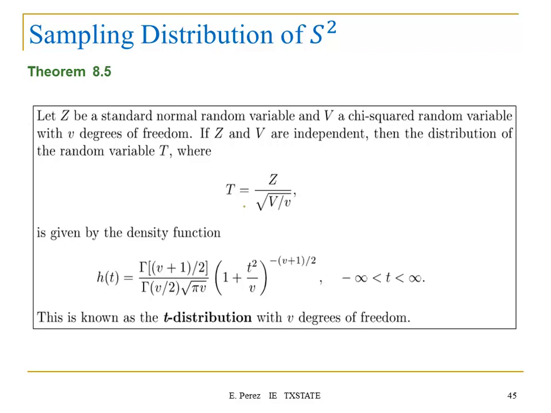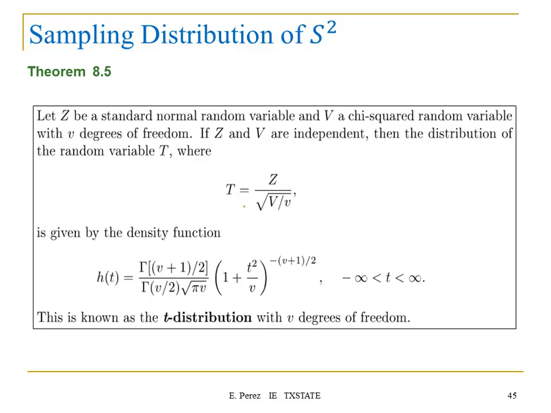Okay, so this is another theorem, 8.5, in which we let z be a standard normal random variable and v a chi-square random variable with v degrees of freedom. If z and v are independent, then the distribution of the random variable t, where t is the statistic, is given by the density function right here. I'm not going to ask you to memorize this.